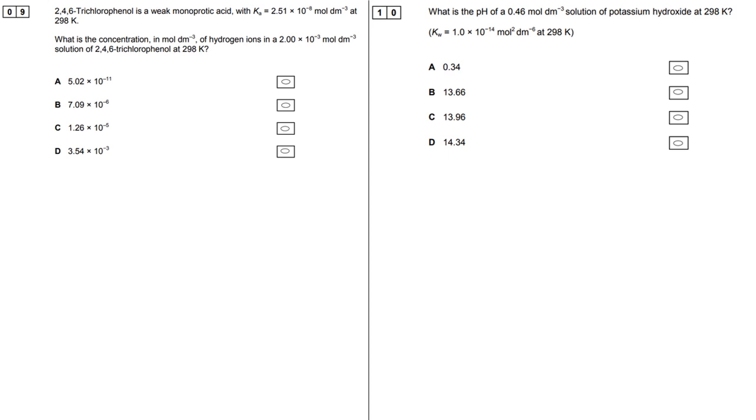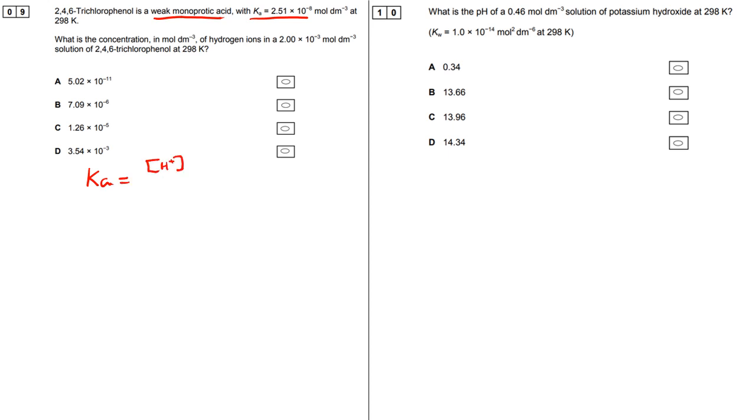Question number 9 then. Trichlorophenol is a weak monoprotic acid. Gives you the Ka value there. And it's asking you to calculate the concentration of H plus ions in a 0.002 mole per decimeter cubed solution of the trichlorophenol. So it is a weak acid. So the first thing, you're being asked to do a calculation with a weak acid, you should be thinking to do the Ka expression.